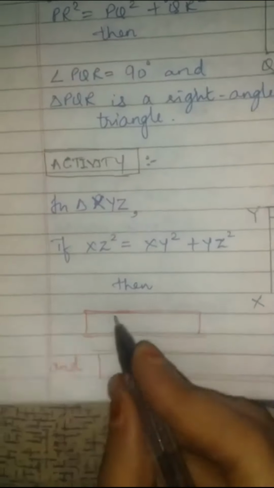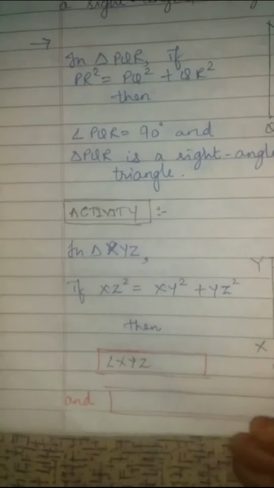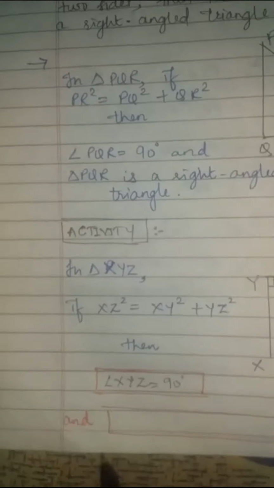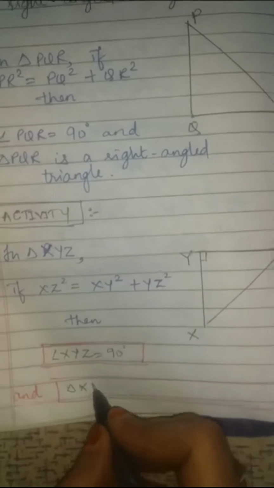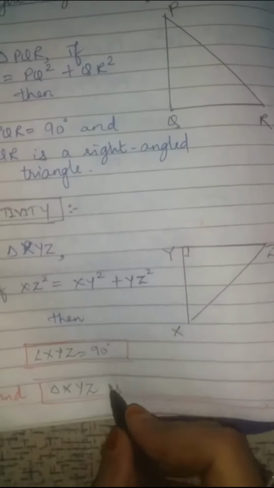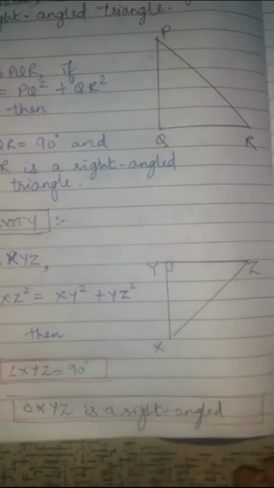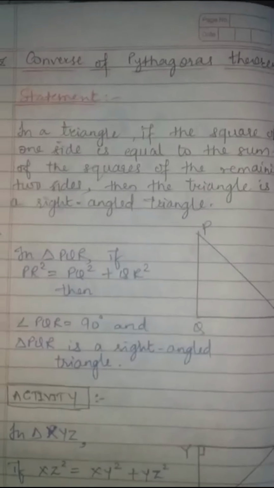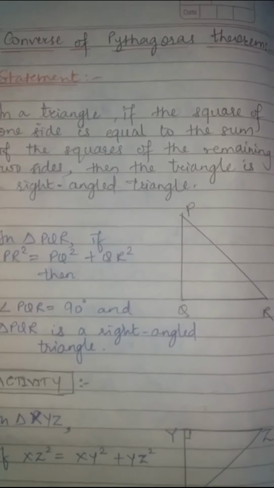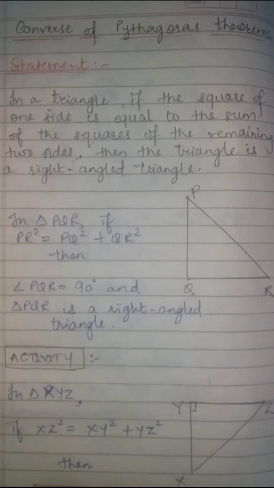So we can write then angle XYZ will be equal to 90 degree and triangle XYZ is a right angled triangle. Am I clear? So this is the converse of Pythagoras theorem, where if the square of one side is equal to the sum of the squares of the remaining two sides, then that triangle is a right angled triangle.